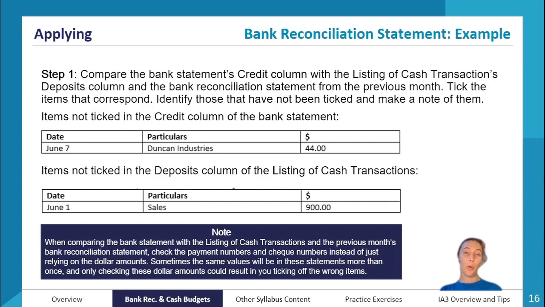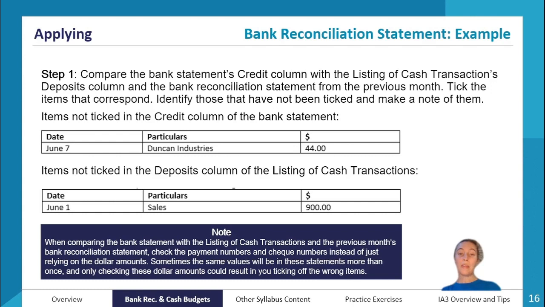Okay, so let's go through all of those steps that we just outlined, and now we are applying it to this specific business scenario. Step one, we were doing that comparison between the credit column of the listing of cash transactions and the bank reconciliation statement from the previous month.